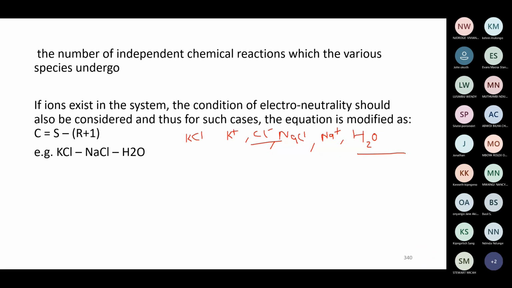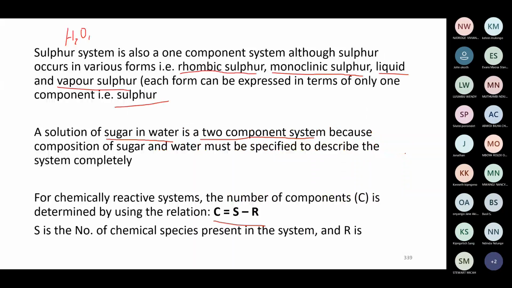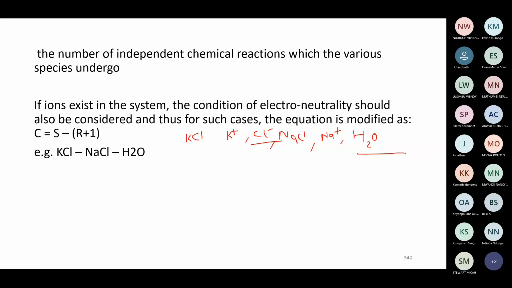So the number of independent reactions, that is R. Remember R we said is the number of independent chemical reactions. We have two reactions that are taking place. We have the dissociation of KCl to form potassium and chloride ions.